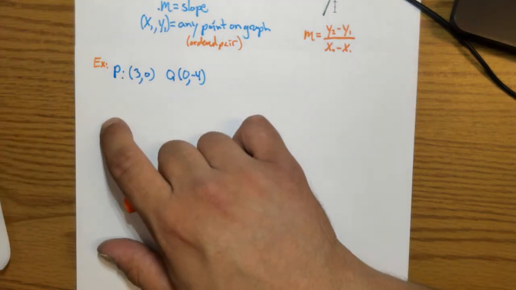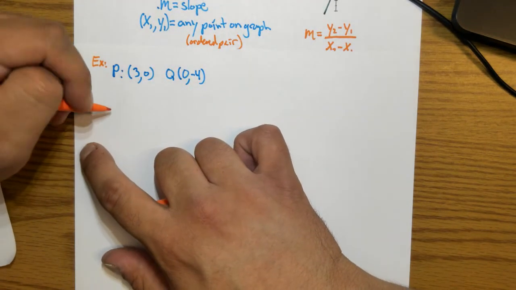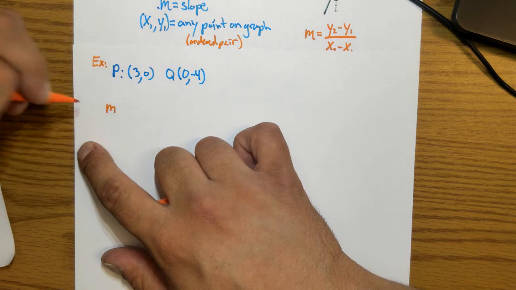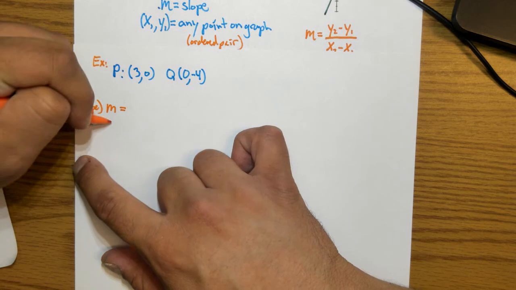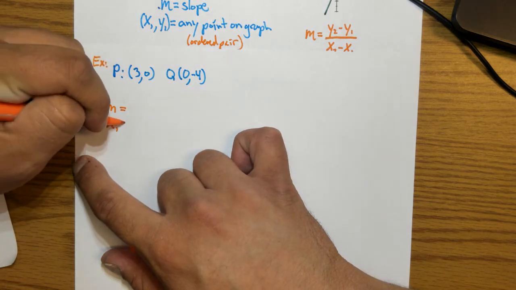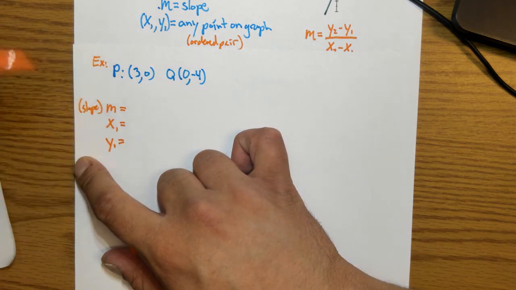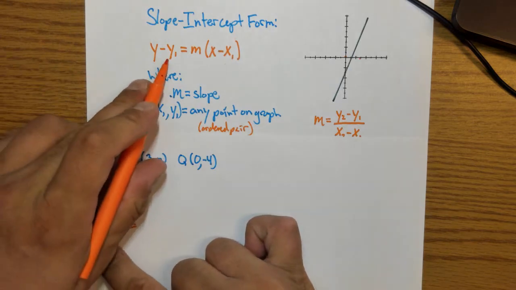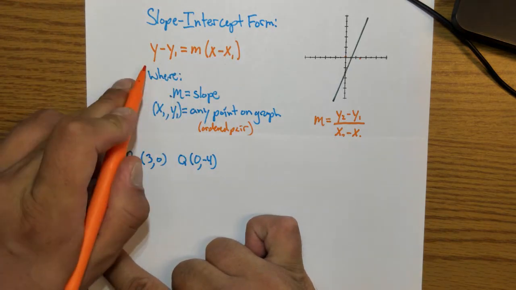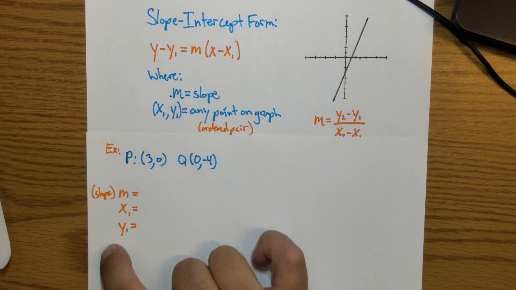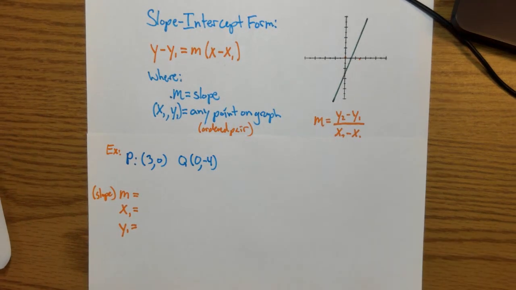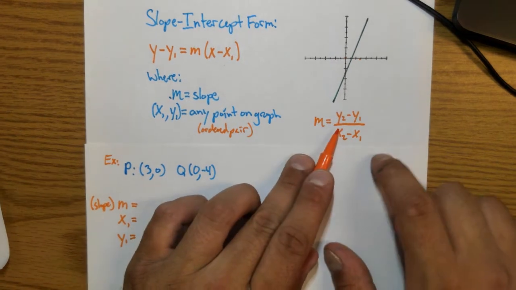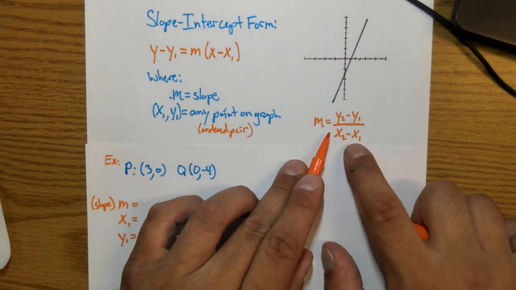I need to find my slope, my m, and I need to find my x1 and y1, because we need our y1, m, and x1. X and y we just leave in there, because remember we need that relationship of the variables, the input and the output. So m is y2 minus y1 over x2 minus x1.